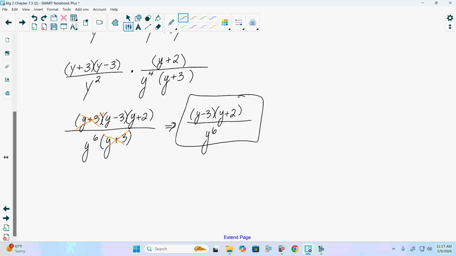This is the final answer. We do not have to write that the top is y squared minus y minus 6 over y to the 6th. We do not have to write that. Because really, that's not making it any simpler. It's not any different. They are the exact same answer. We have the answer. No reason to put more work in past that.